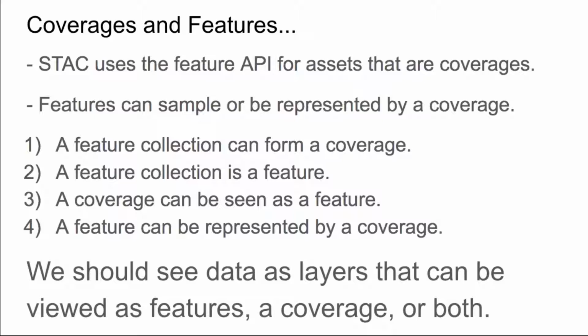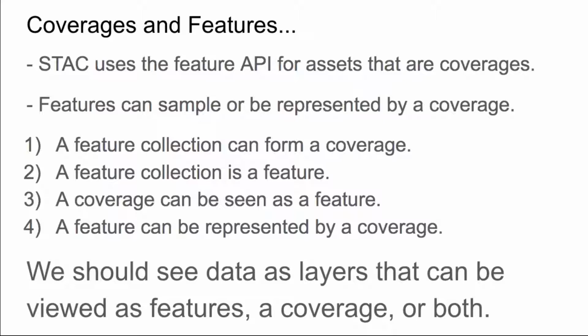So we have this interplay where we go back and forth between things that are identifiable and fields essentially that vary through space. So I just have this list. And I talked through this with George and Ethan and various other people. So I felt like putting a slide up about it was useful here. So it's very important to note that with the features API, a feature collection, excuse me.